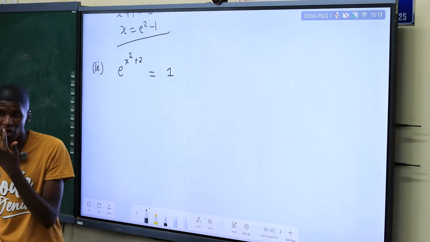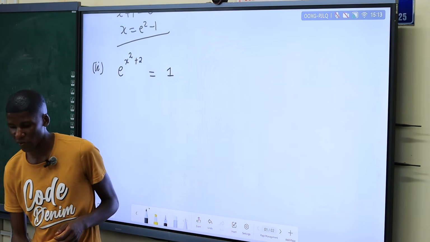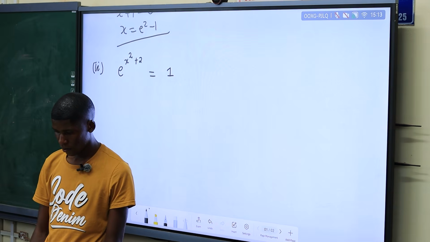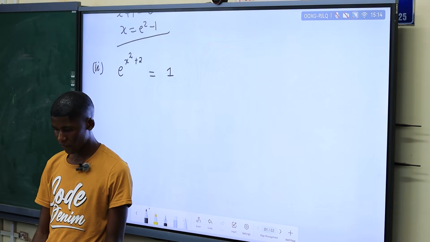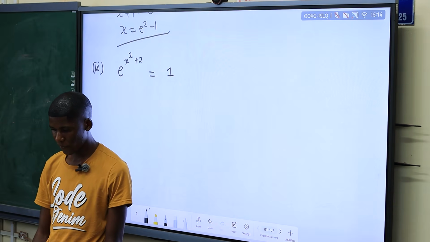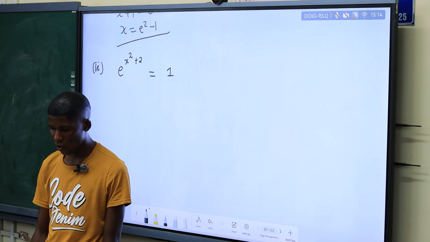Solve for x using the laws of natural logarithmic functions. Solve for x using the laws of natural logarithmic functions.